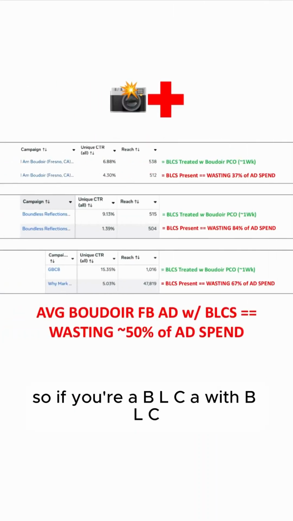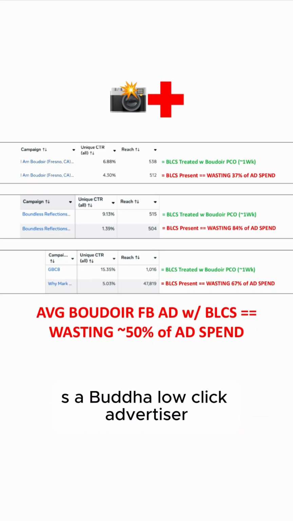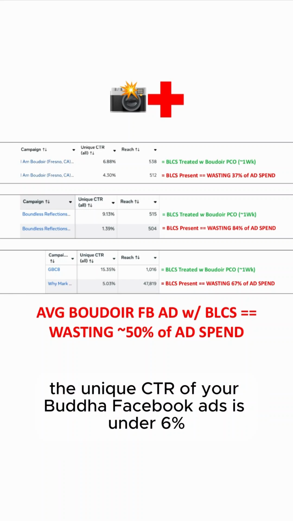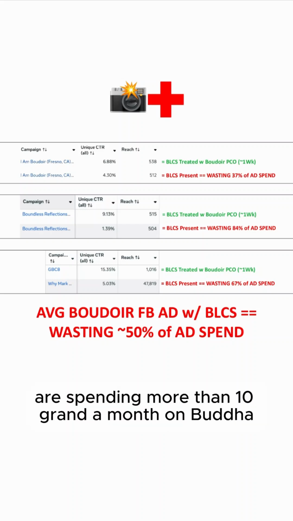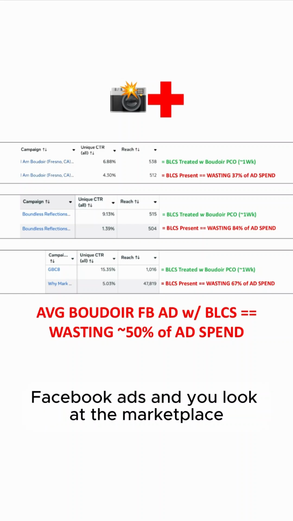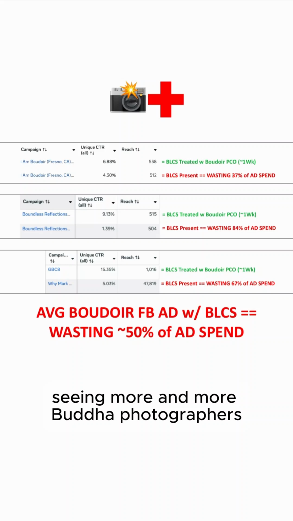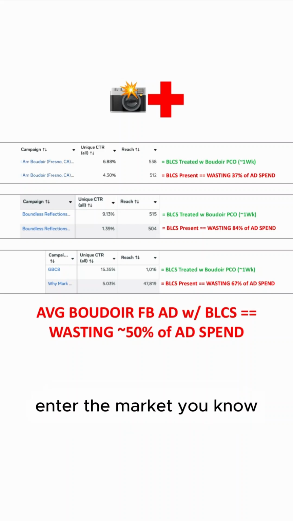So if you're a BLCA with BLCS, a Boudoir low click advertiser with Boudoir low click syndrome, the unique CTR of your Boudoir Facebook ad is under 6%, and you are spending more than 10 grand a month on Boudoir Facebook ads, and you're looking into the marketplace, seeing more and more boudoir photographers enter the market, seemingly every day.